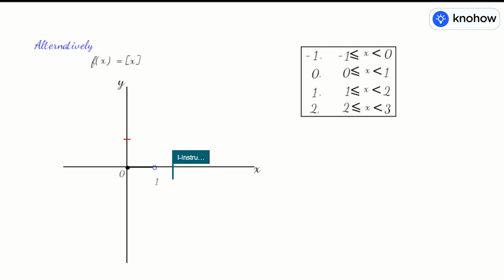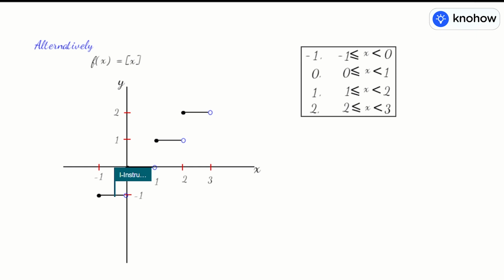The value at x equal to 1 jumps to 1 and it remains 1 till 2 but not at 2. At 2 it is 2. And it remains 2 till 3 but not at 3. Similarly, at negative 1, the value is negative 1 and it continues to be negative 1 till 0, but at 0 it is not negative 1 but 0.